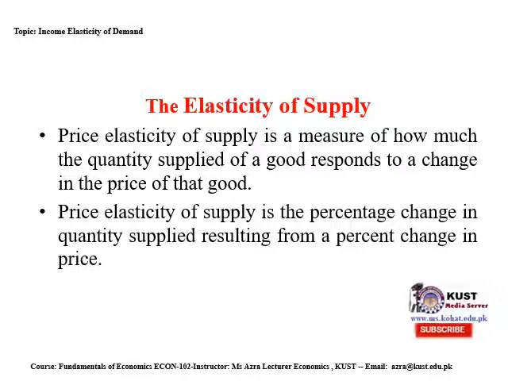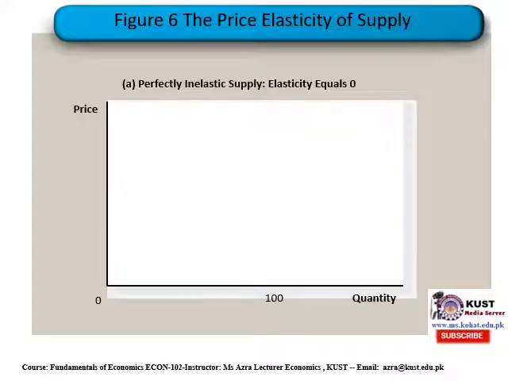Elasticity of supply. Price elasticity of supply is a measure of how much the quantity supplied of a good responds to a change in the price of that good. It is the percentage change in quantity supplied resulting from a percentage change in the price level.